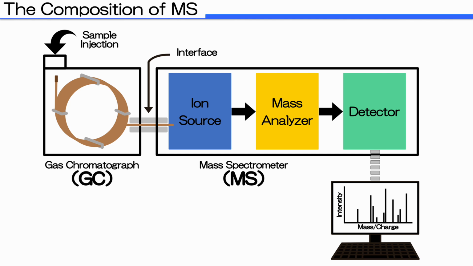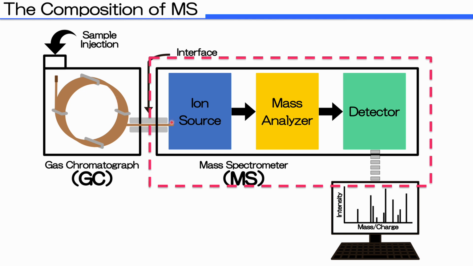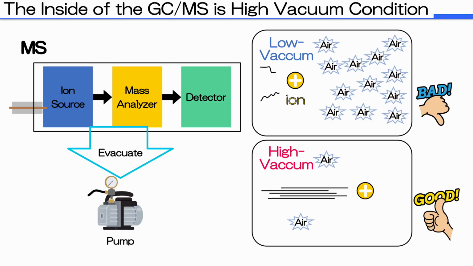MS is connected as a detector after components are separated by the GC column. The main composition of MS is ion source, mass analyzer, and detector. The inside of GC-MS needs to be kept in high vacuum condition.